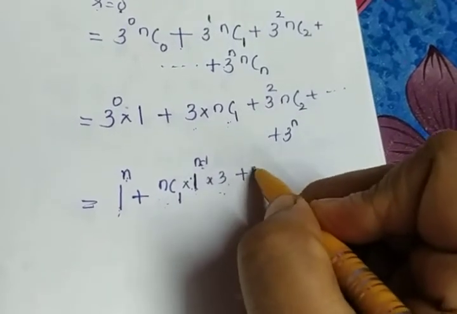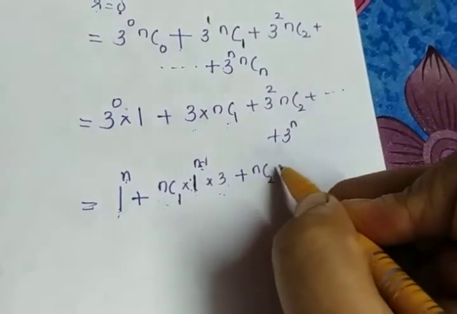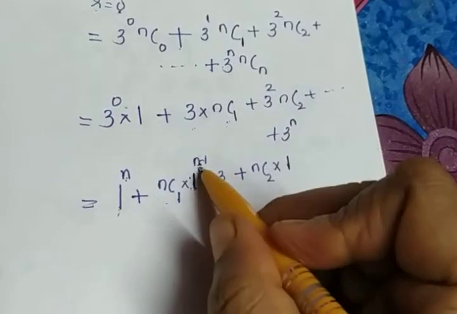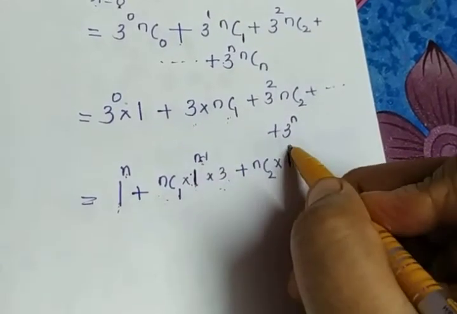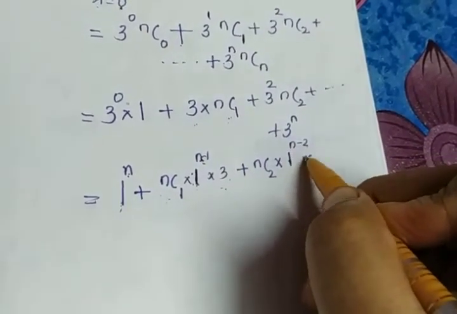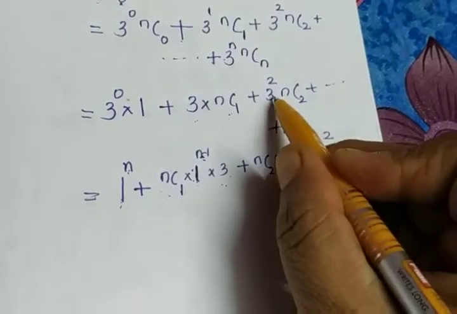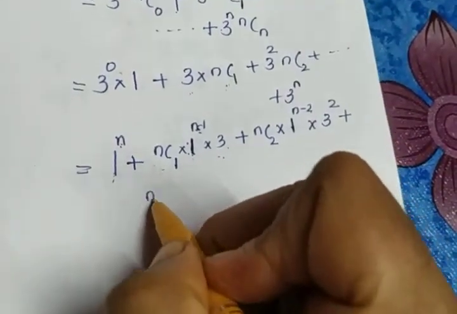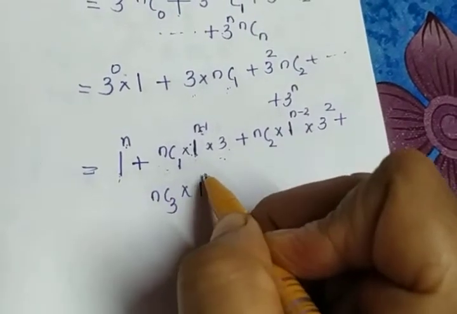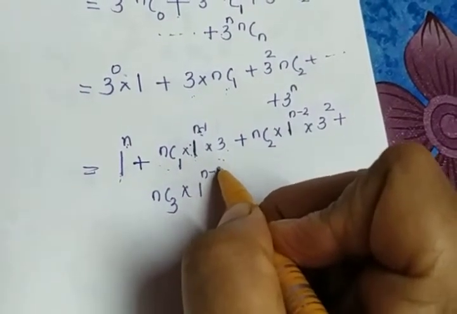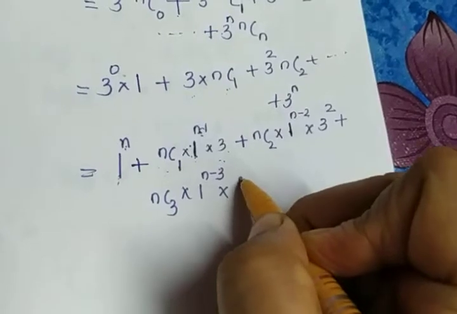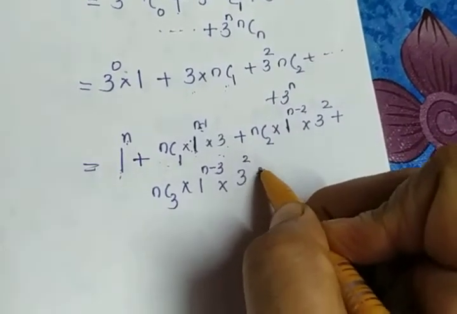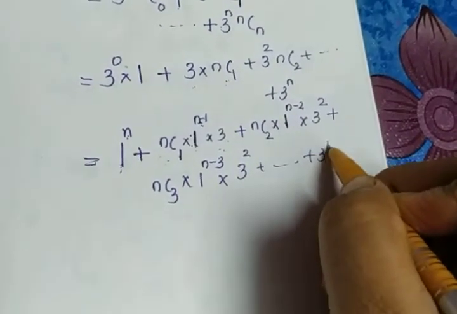Plus nC2 remains the same. The power of 1 we have to reduce again. n minus 1 gives you n minus 2. And the power of 3 is square, 3 square. Plus if I want to write the next term, how will I write? nC3 into 1 raised to, reduce the power again by 1, so n minus 3, into, increase the power of 3, 3 cube, plus etc. plus 3 raised to n.